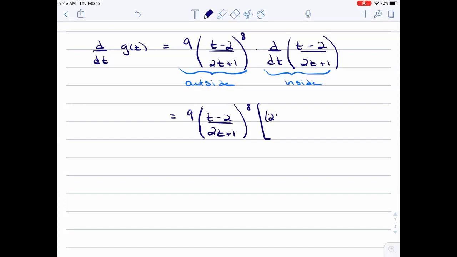So g in this case is 2t plus 1 times the derivative of t minus 2 with respect to t, which is just 1, minus f, which is t minus 2, times the derivative of g, which is just 2 with respect to t, of course, over g squared, which is 2t plus 1 squared.